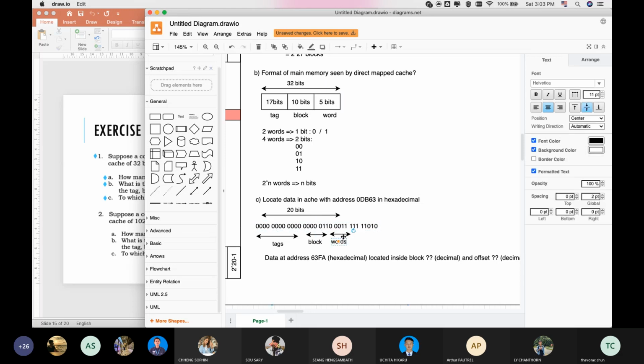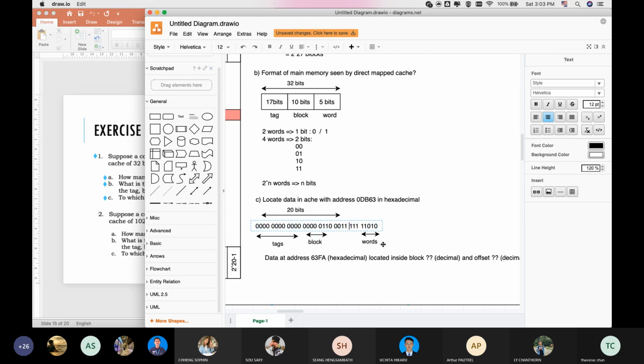See? So the 5 bits here refer to the word. 5 bits here. And then we have 10 bits inside here, referring to the block: 2, 4, 6, 8, 10, right?